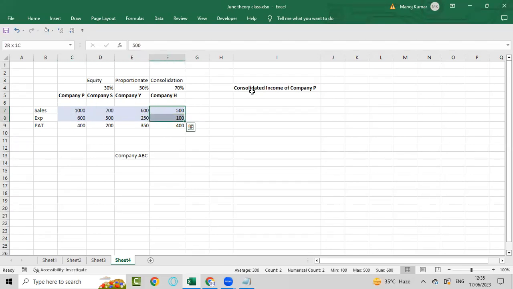In this case, all the sales and all the expenses of company H will be added to company P. That profit is also added, which is not owned by company P. How much is that? 30% of this, because you own only 70%. So you will deduct that 30%, and that will be called minority interest.